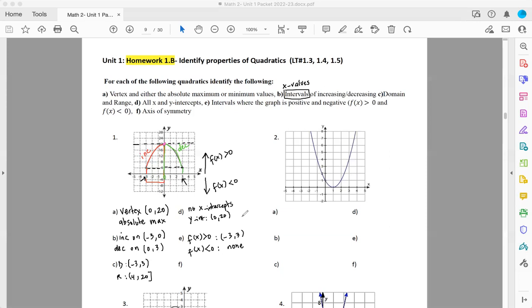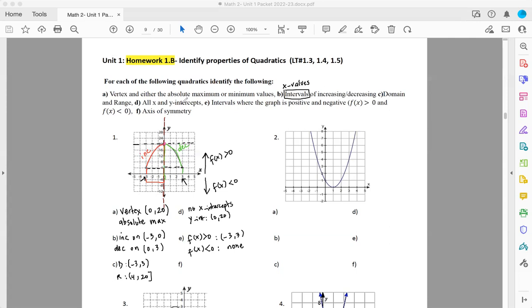Then for part F, it says axis of symmetry. Now recall from class that the axis of symmetry is technically a virtual axis. It's not really there, but it's an axis that splits the parabola into two symmetrical and equal parts.